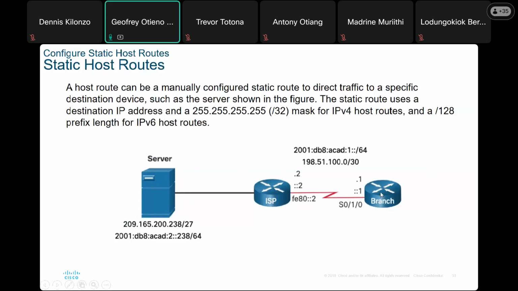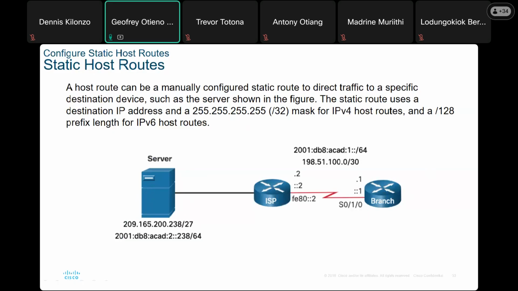Then with the next hop IP address here, so I'm on the branch router. What's my next hop IP address? My next hop IP address can't be my own interface IP address. It has to be the next, as the name suggests.